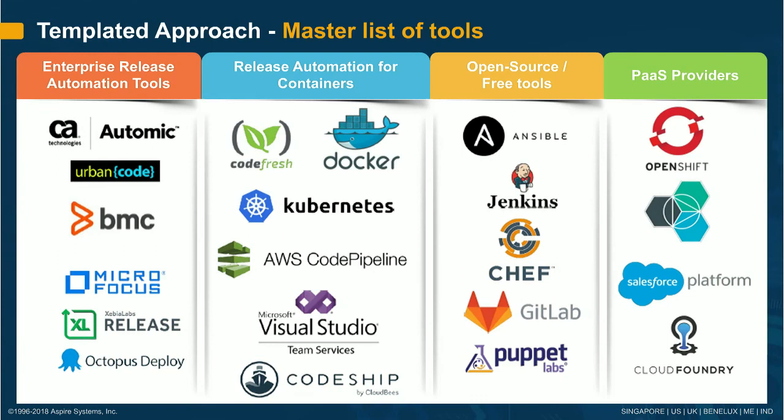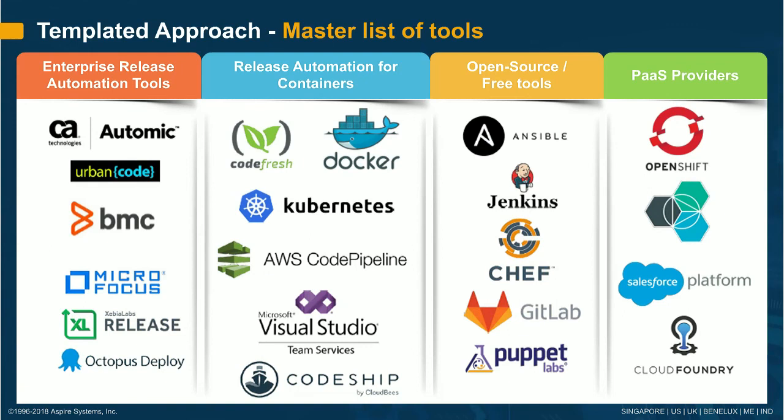Moving forward, our goal is to come up with a template that has a list of tools that we can possibly use, a list of processes that we can again possibly use, and a list of control mechanisms that we should be looking at.